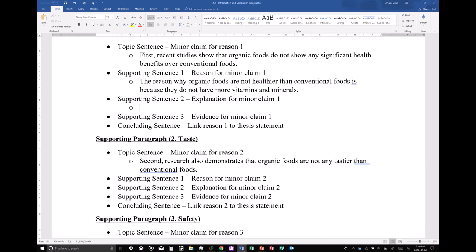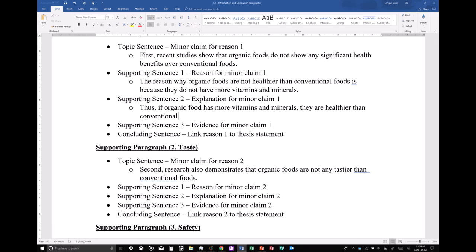Okay, so my explanation for that reason, this means if organic food has more vitamins and minerals, they are healthier than conventional foods.